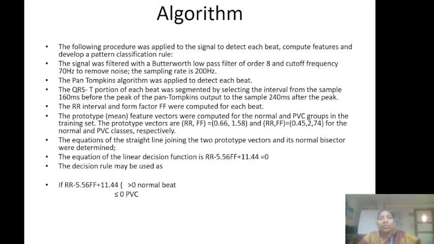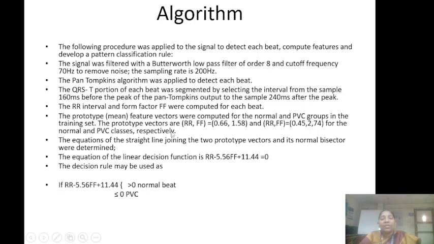Then they calculate the R2R interval and form factor. When these two features are calculated, the feature vector for normal is 0.66, 1.58. For PVC, the feature vector is 0.45, 2.74.